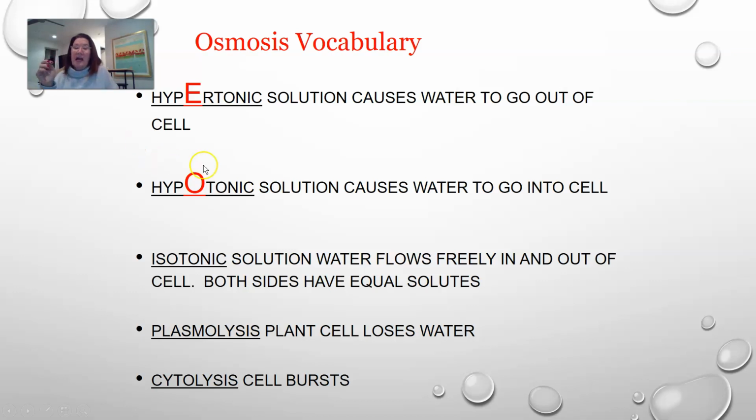When we have hypotonic, it causes the water to go into that cell. So I always think of the O as water coming in and getting bigger. So hyper, the E, when you look at a little e, it opens up and it lets the water out. So it shrivels up. Hypotonic, it's bringing the water in.